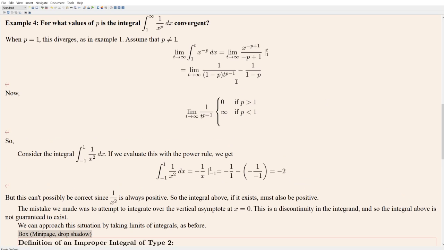So, as our final result, what do we conclude here? Well, if p is larger than 1, then this becomes 0, so we just get negative 1 over 1 minus p. And it diverges in all other cases.